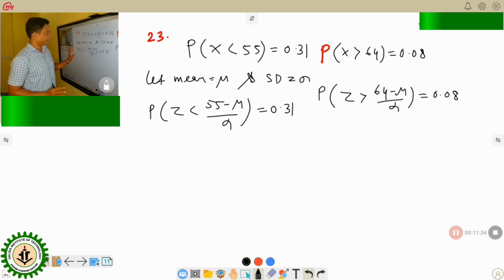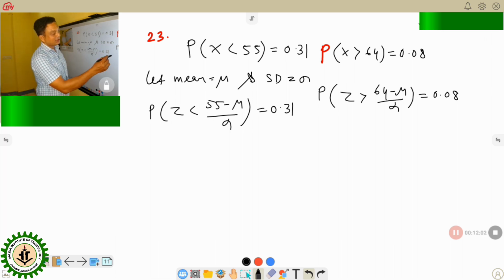Now look at this. You are gathering the probability from the lower limit, which is not given, meaning from minus infinity, and this limit may be positive or negative. Since you are gathering from the leftmost side and you did not cross the half line at 0, the probability is 0.31. That means this number must be on the left side of the distribution, and that is why it is a negative number.